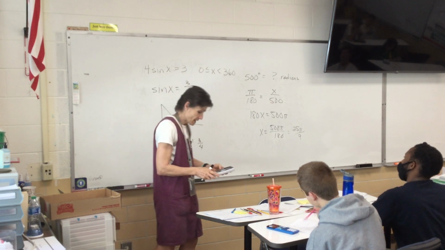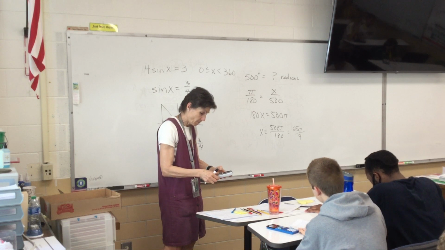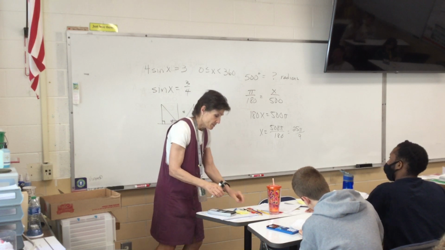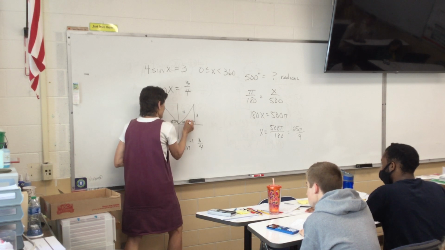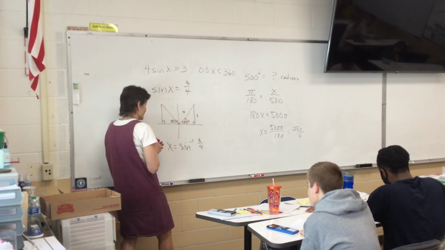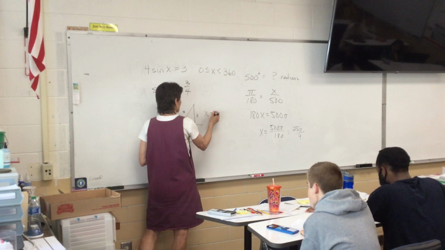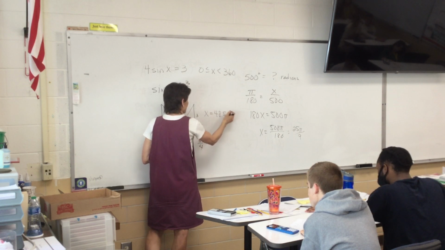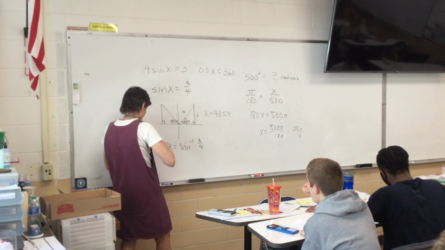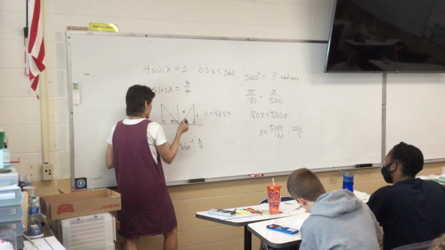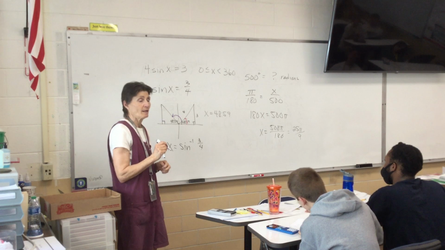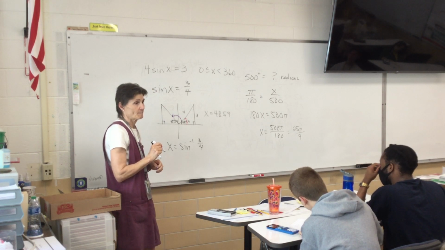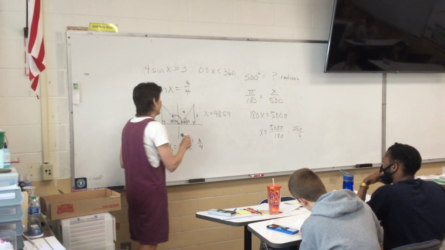Now, what are the actual answers to the problem? The actual answers will be this angle, which is 48.59, and this angle, which is not 48.59. How will I find that purple angle? 180 minus.